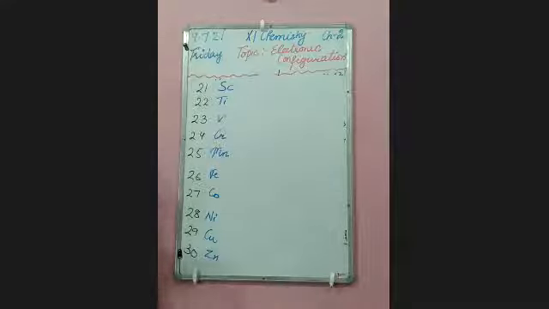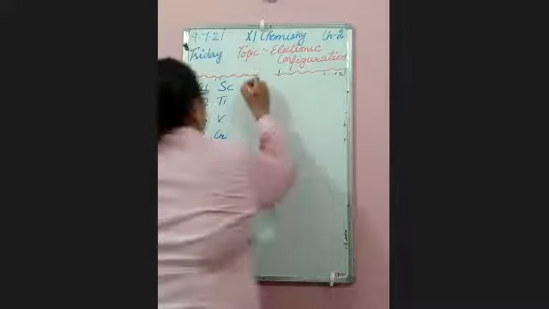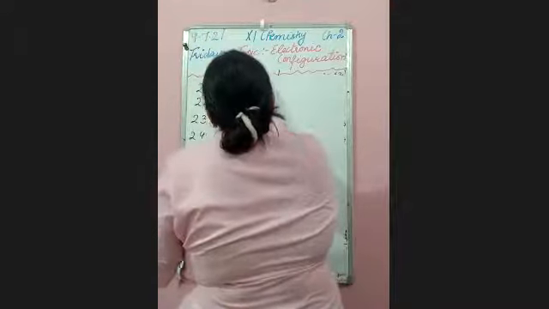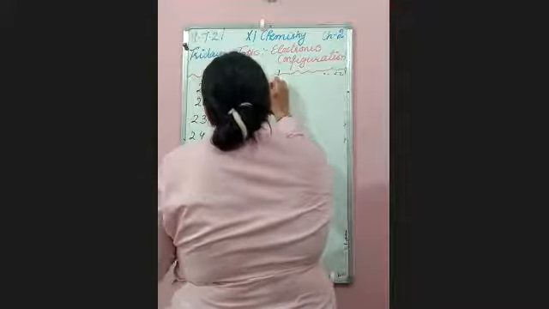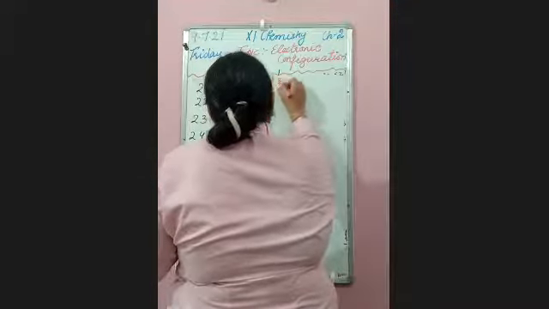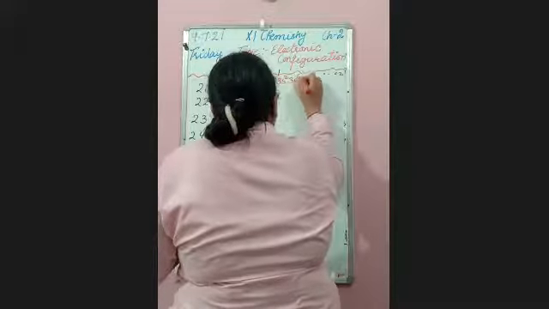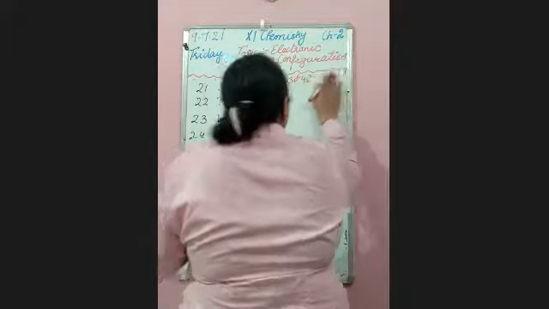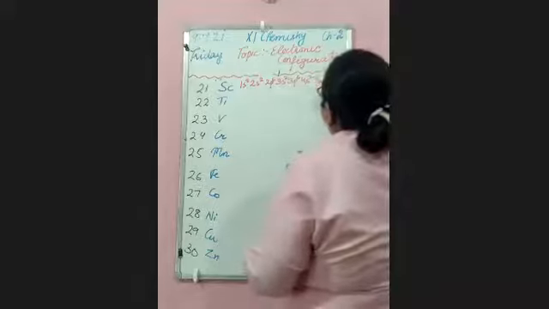Okay. So, in case of scandium, it will be 1s2, 2s2, 2p6, 3s2, 3p6, 4s2. Now there will be entry of 3d.